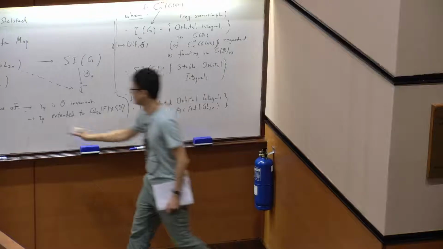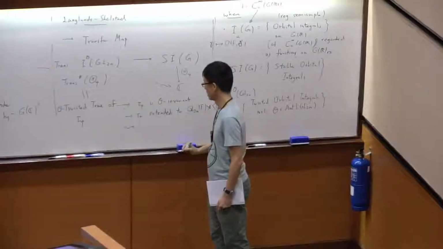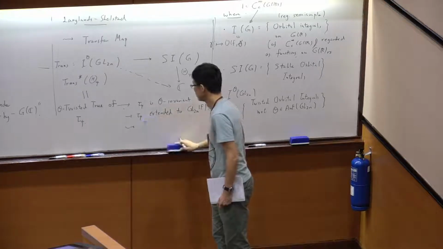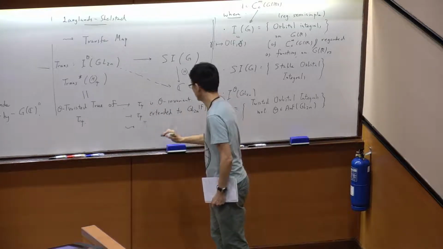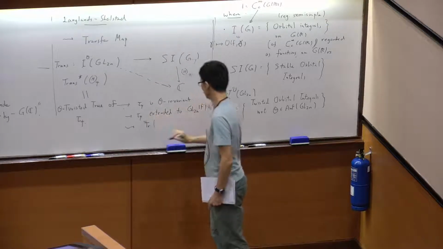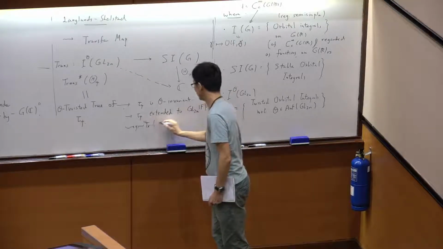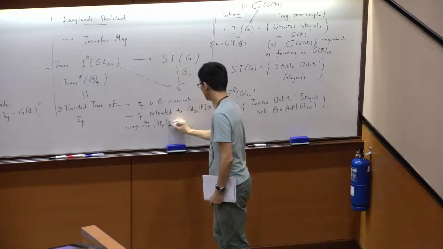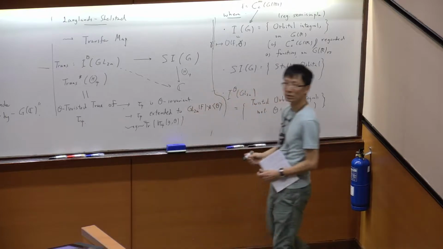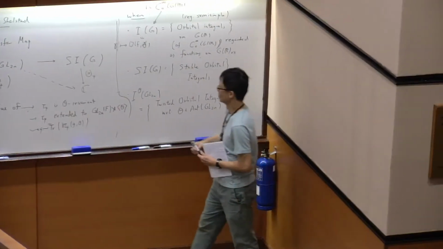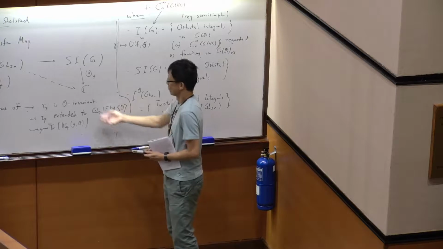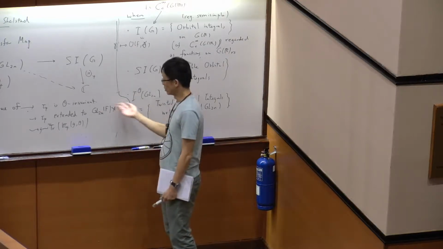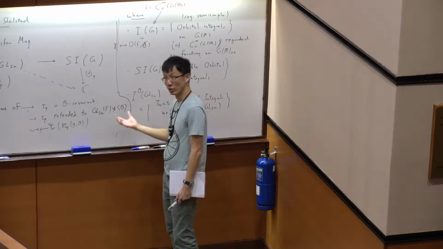After you have extended, what is this theta twisted trace? It's basically a trace: g goes to the trace of tau g. Now that you extend it to a bigger group, of course you can consider the character on this bigger group, and it will be a conjugacy invariant function on this group.